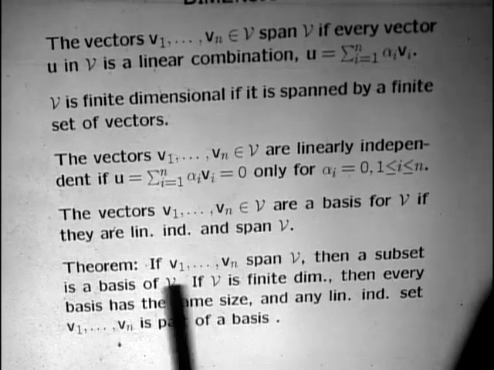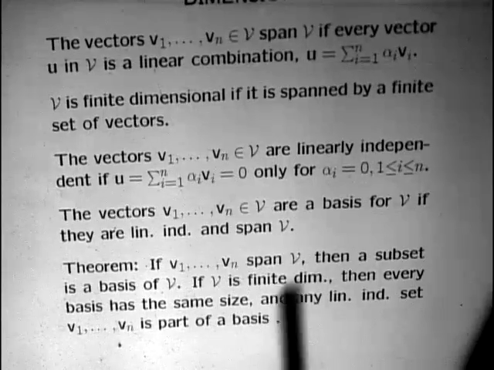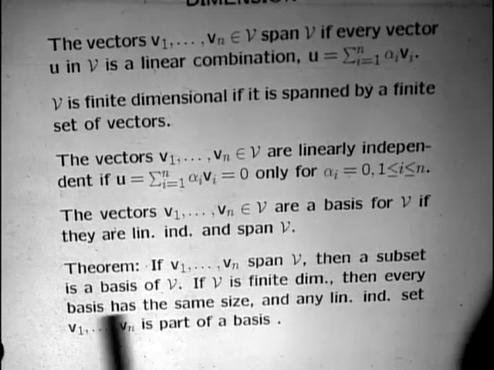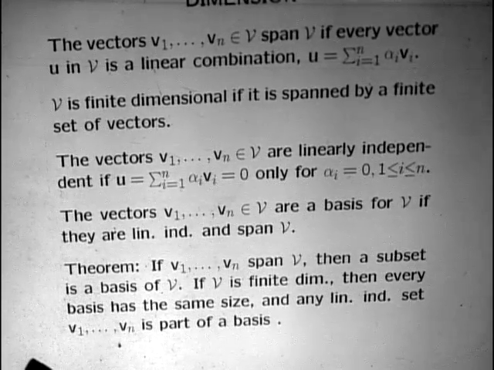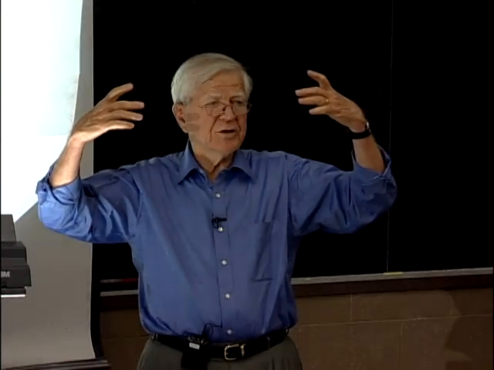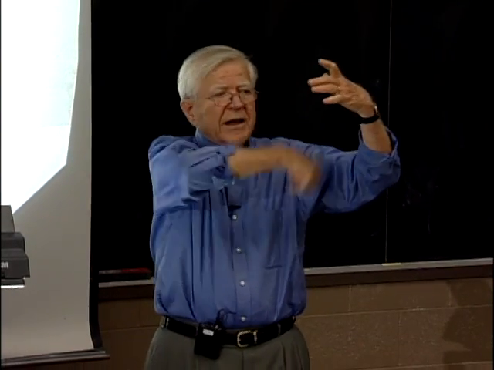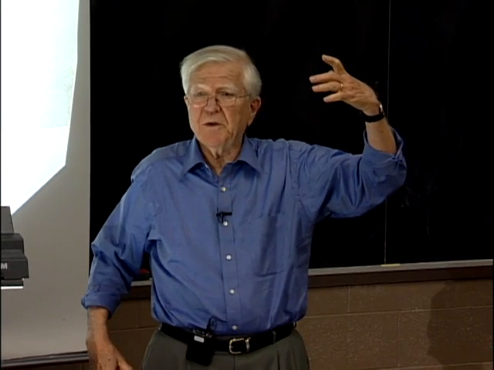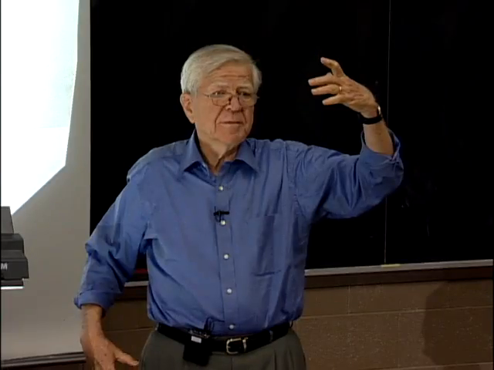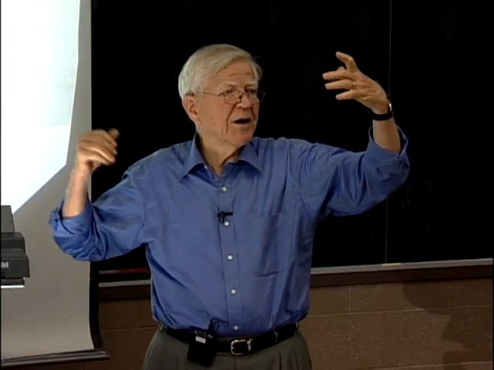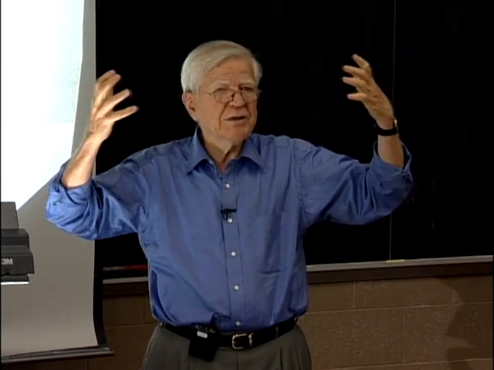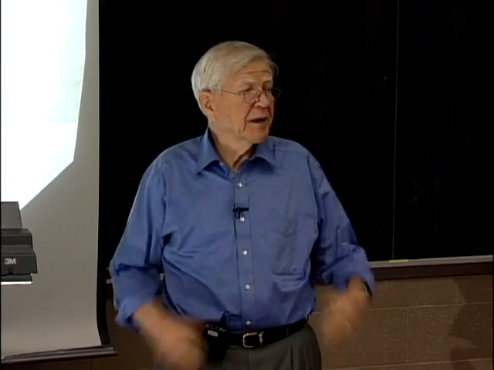But anyway, it says if v1 to v sub n span V, then a subset of these vectors is a basis of V. In other words, if you have a set of vectors which span a space, you can find a basis by systematically eliminating vectors which are linear combinations of the others until you get to a point where you can't do that any further. So this theorem has an algorithm tied into it. Given any set of vectors which span a space, you can find a basis from it by perhaps throwing out some of those vectors.